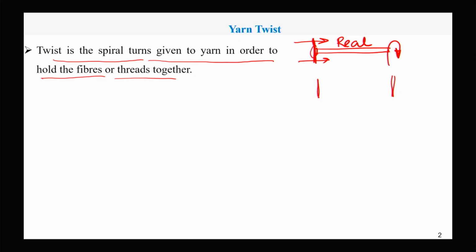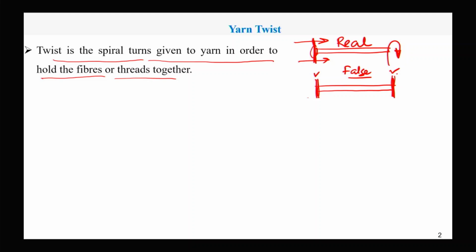And on the other hand, the second one is the false twist. In false twist, either of these ends or both the ends, there is no rotational motion.